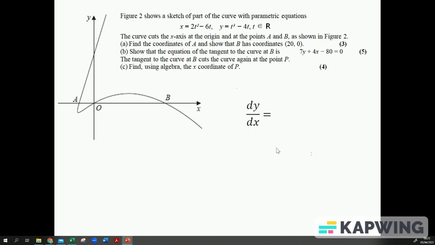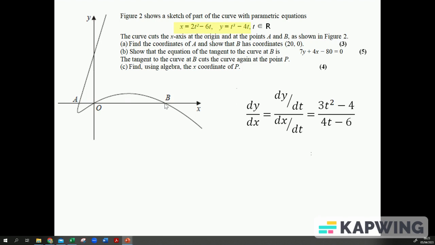Then it says the equation of the tangent. Right, so we need the gradient of the curve, the dy by dx. So we differentiate the y in terms of t and the x in terms of t and divide them. If I differentiate the y, I get 3t squared minus 4. I differentiate the x, I get 4t minus 6.